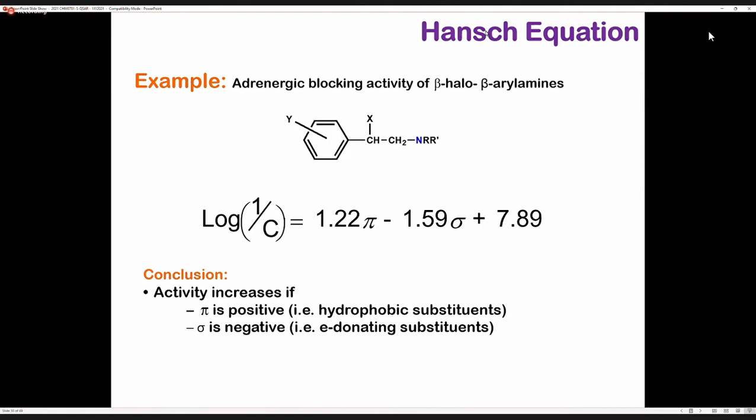What he wanted to find before he developed QSAR, his motivation, was to find the minimum dose needed for a particular drug to be as efficient as possible. It means you don't need an excessive dose for it to be effective.